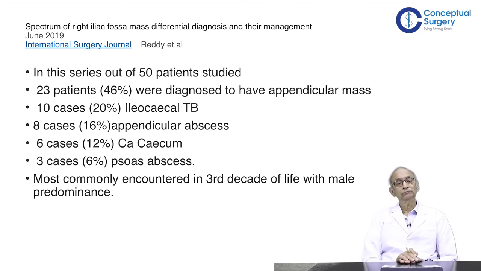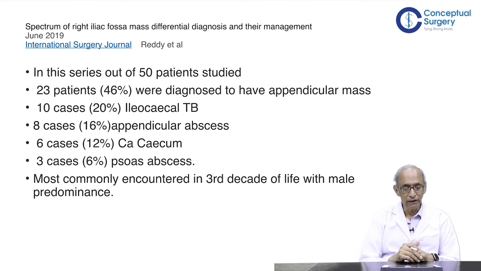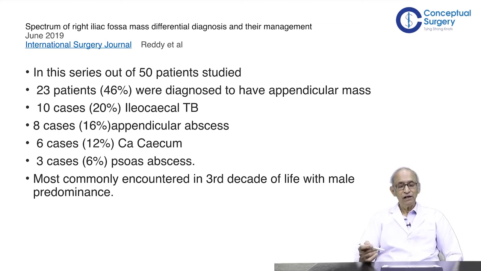Now, we've seen a whole lot of pathologies in the past 2-3 slides, but when you actually do an analysis, I have found such papers. I have taken one. This is from the International Journal of Surgery by a group called Reddy et al., in June 2019. They analyzed a series of 50 patients that had come with right iliac fossa masses. And what did they find?